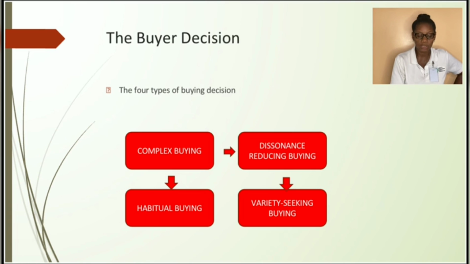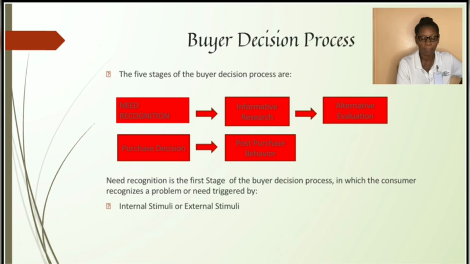The buyer's decision. There are four types of buying decision. You have complex buying, dissonance-reducing buying, habitual buying, and variety-seeking buying. The buyer's decision process.